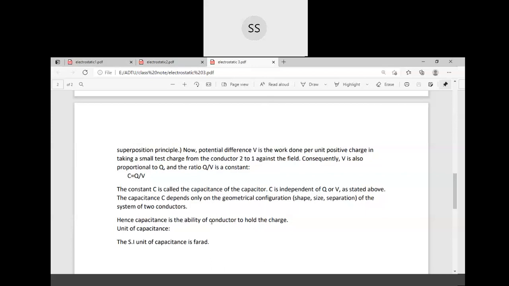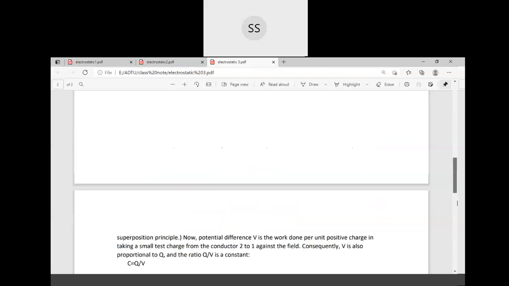Hence capacitance is the ability of the conductor to hold charge. The unit of capacitance is farad.